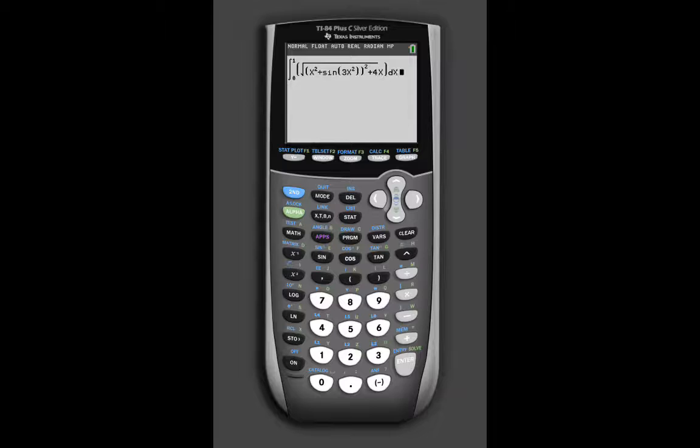Oops, I didn't hit the x. There you go. We get 1.174 out of that piece.